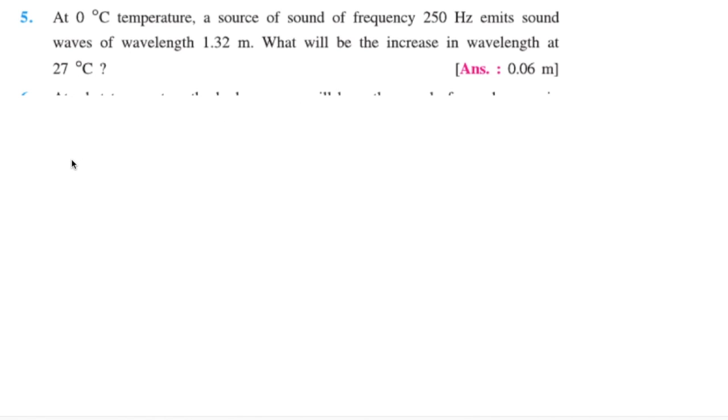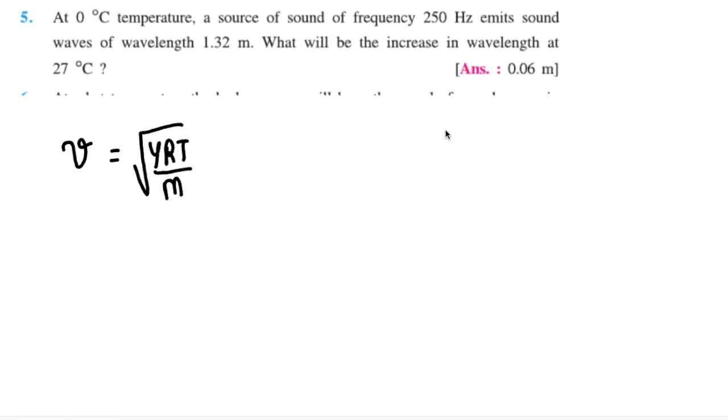So let us see the relations. We know that wavelength is related with temperature only through velocity. Let me make it more clear. We have the relation of velocity and temperature as v equals root of gamma RT by M. This we have derived after Laplace correction.